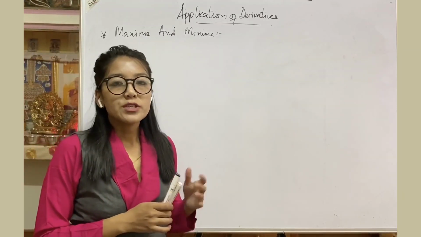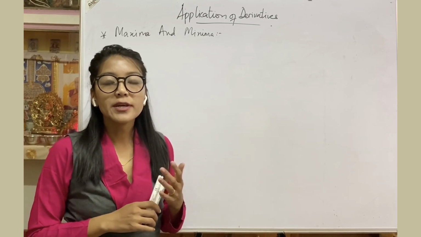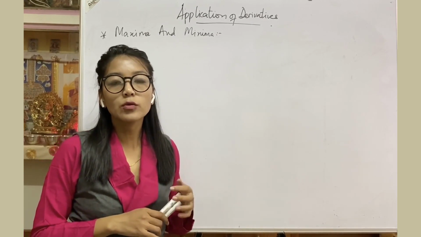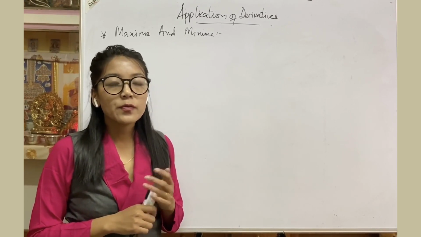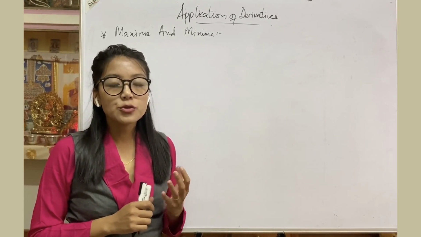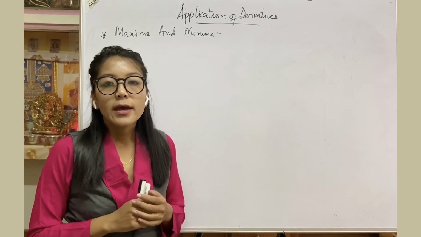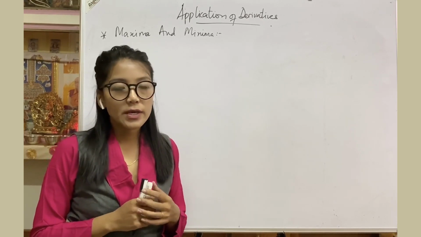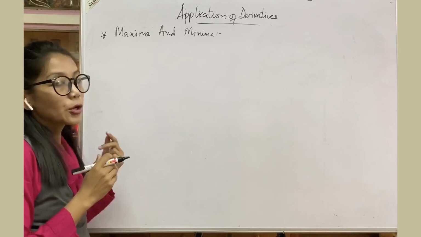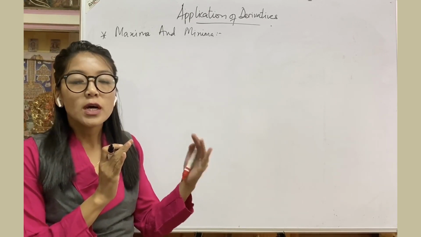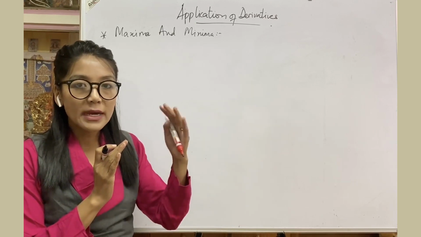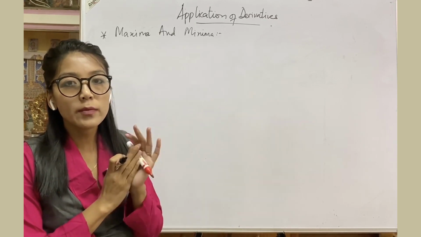Now we shall see the application of derivatives in finding the local maximum and local minimum value of the function. But before that, we will try to observe how we can actually apply the derivative. You are familiar with the graph. You can imagine the graph of a local maximum value and a local minimum value of the function.